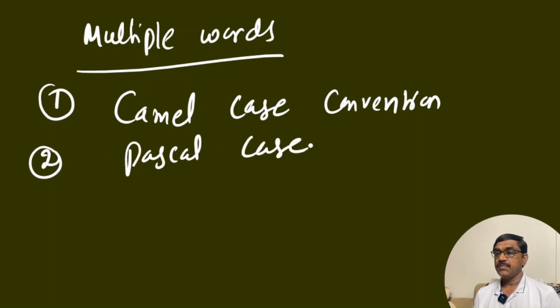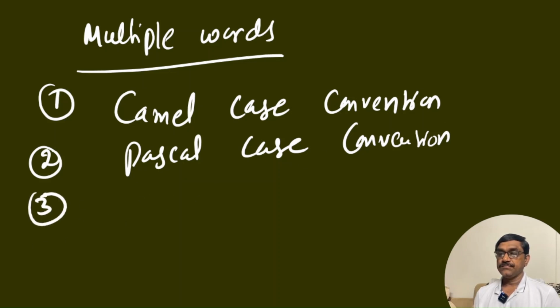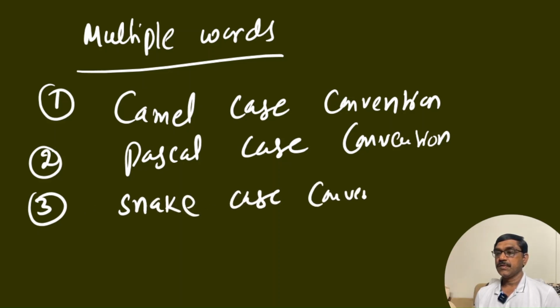These are very popular conventions to represent multi-word variable names. The third one is the snake case convention. These are the three important conventions to represent multiple words.